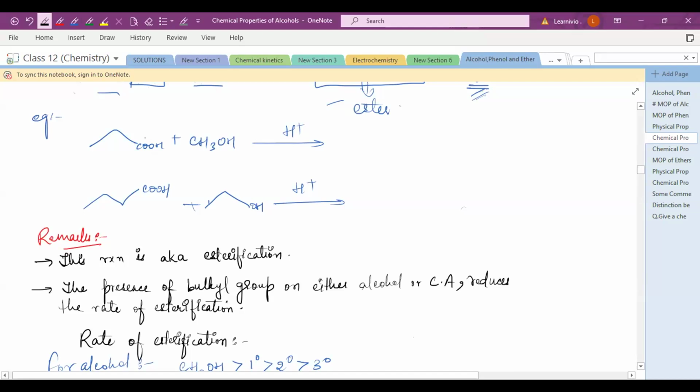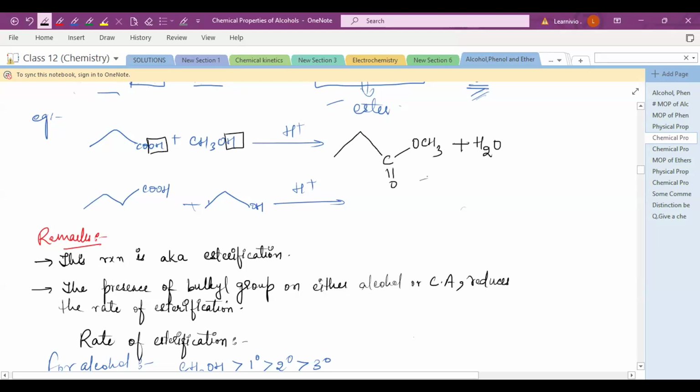The OH group from the carboxylic acid and the H from the alcohol combine together and are removed as water. The CO group is from the carboxylic acid, and the OCH3 group from the alcohol will be joined here. So this will be the COO group, meaning this is the ester. So an ester will be formed.